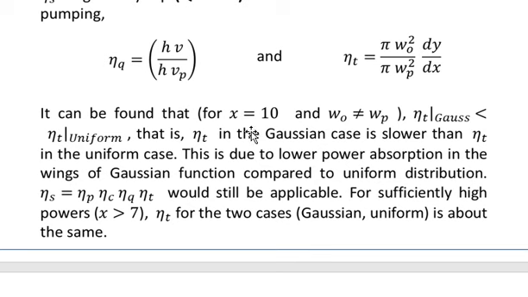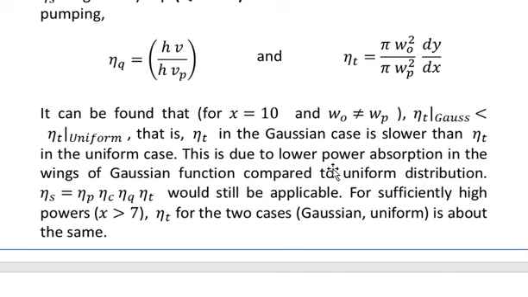So it can be found that for x is equal to 10, which is a very large value, and for w naught not equal to wp, the transfer efficiency eta t for a Gaussian pumping is less than the same efficiency for a uniform pumping. So the Gaussian pumping efficiency will be smaller than the transfer efficiency for the case of uniform pumping. That is, eta t in the Gaussian case is lower than eta t in the uniform case.